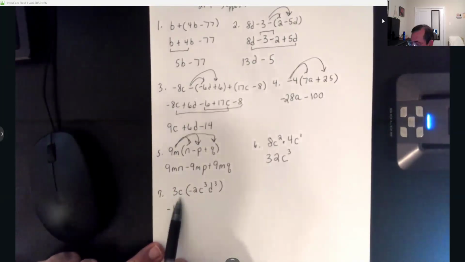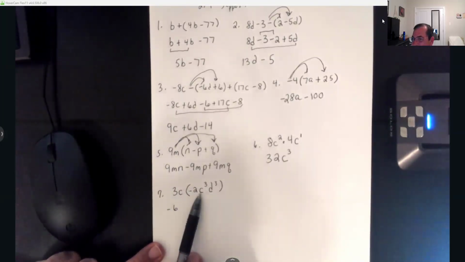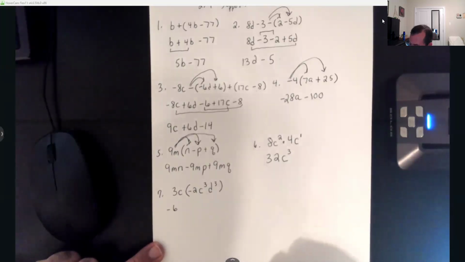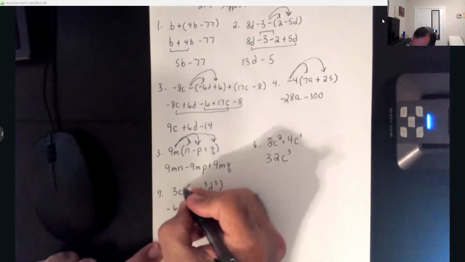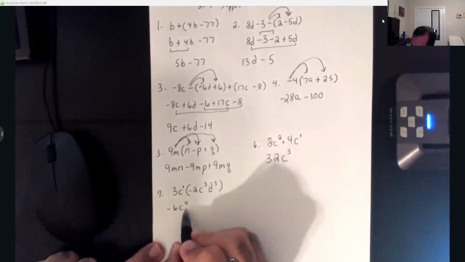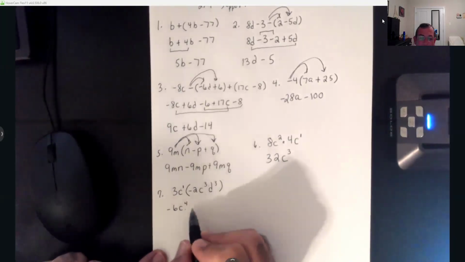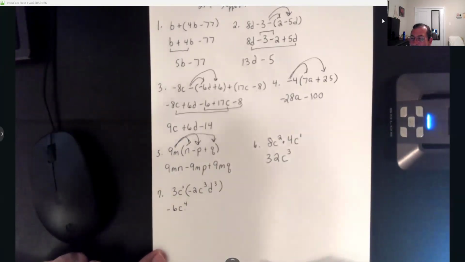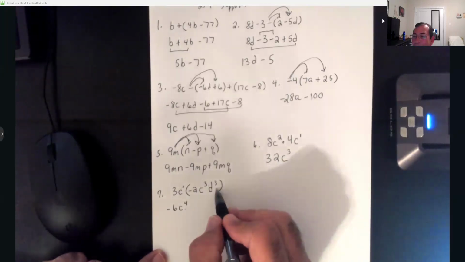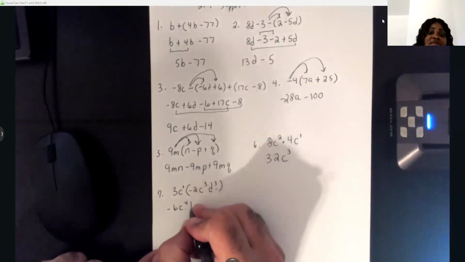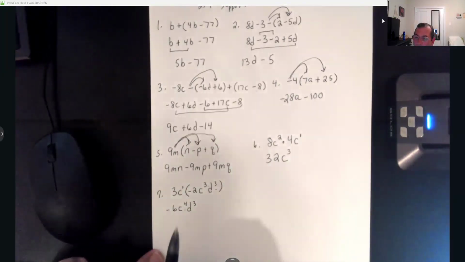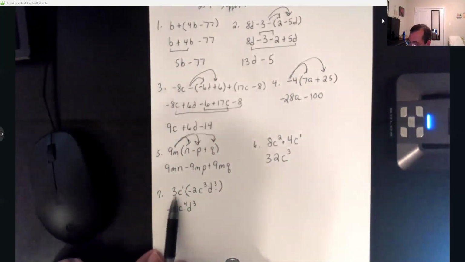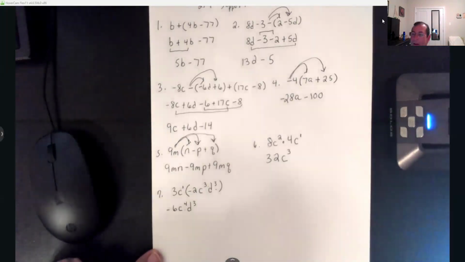Well, the c can only multiply by the c to the third. So what's that giving me? 4, because remember there's 1 here, and 1 and 3 gave me 4 c's. And guess what I got to throw at the end of that? I got a d to the third up here, still. So negative 6c to the fourth d cubed, and there you go. You multiplied the number, the c's, and then brought down the d.